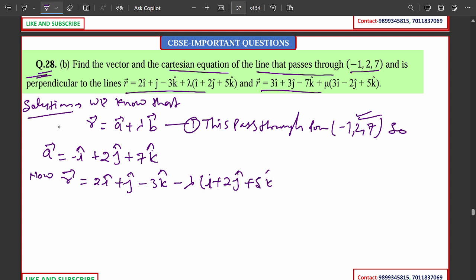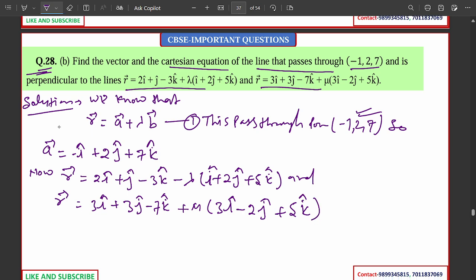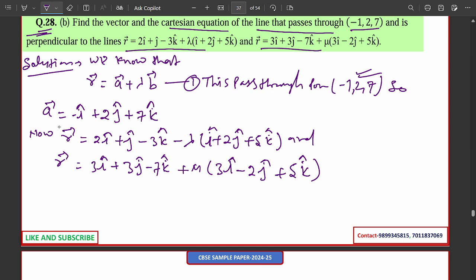Plus 5k, and the next one is 3j unit vector minus 7k plus mu times (3, 2j unit vector, plus 5k). Basically these are given, and this is the relation for equation number 2.